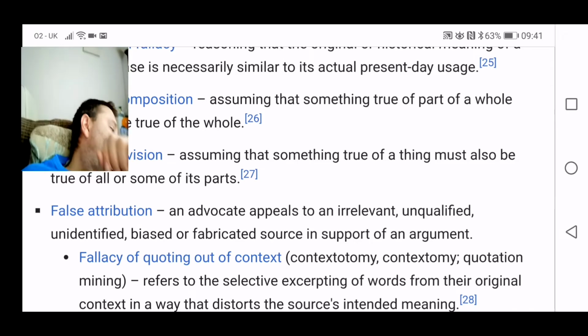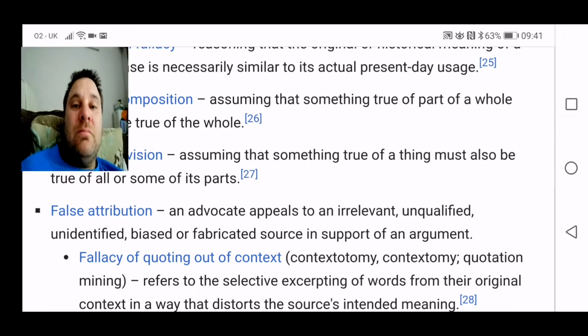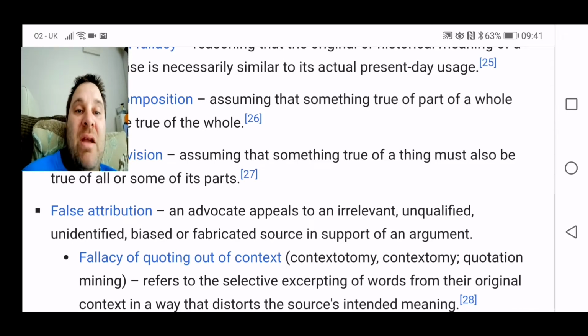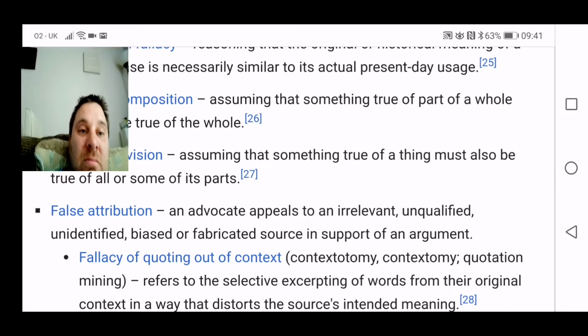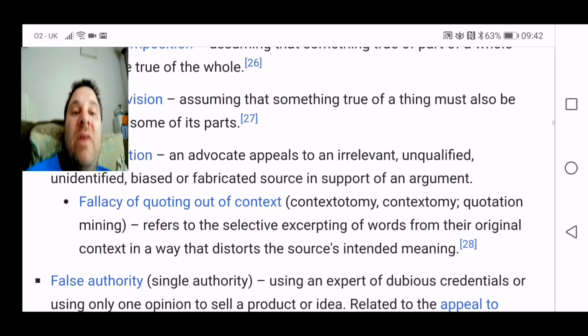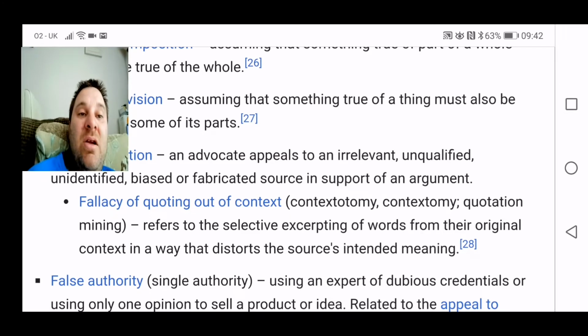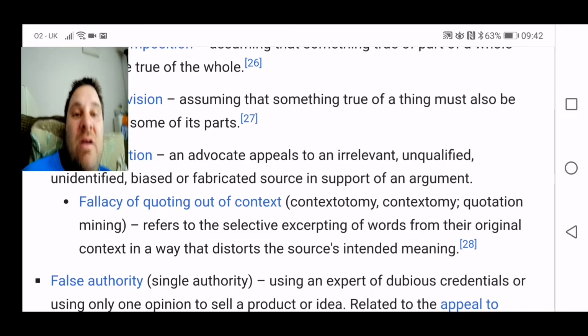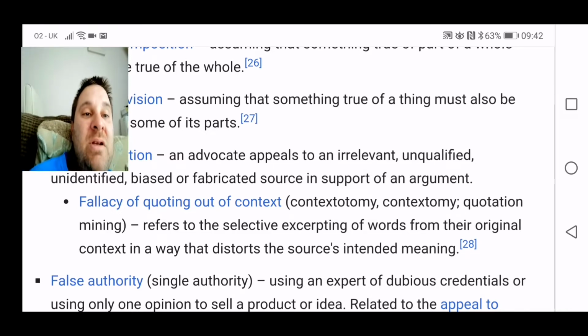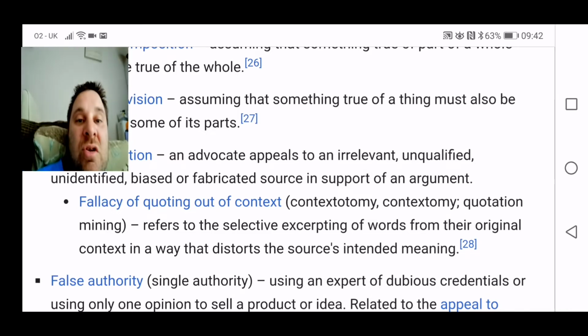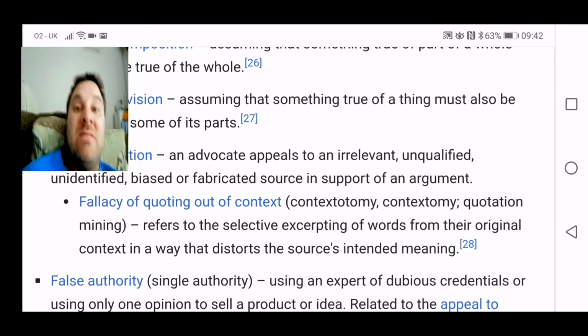False attribution: an advocate appeals to an irrelevant, unqualified, unidentified, biased, or fabricated source in support of an argument. Fallacy of quoting out of context, contextomy, quotation mining: refers to the selective excerpting of words from their original context in a way that distorts the source's intended meaning.